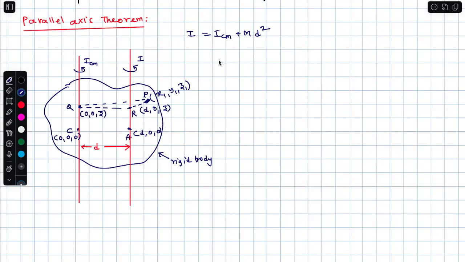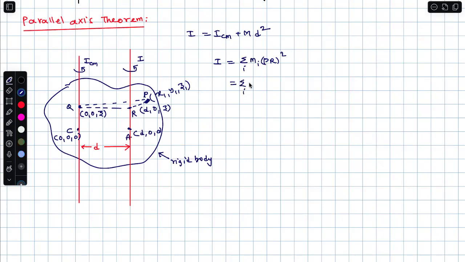This particular element will have a moment of inertia given by sigma over i of m_i times the perpendicular distance squared. PR is the perpendicular distance, so PR square. Can you please help me in writing PR in the coordinates which I have given to you?